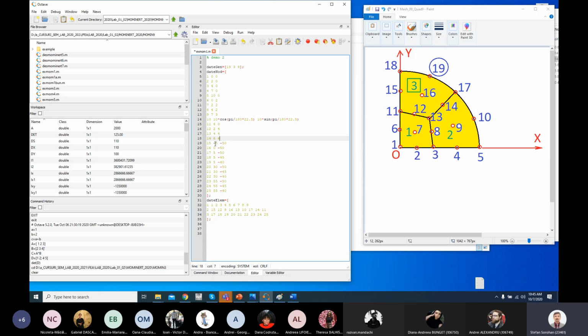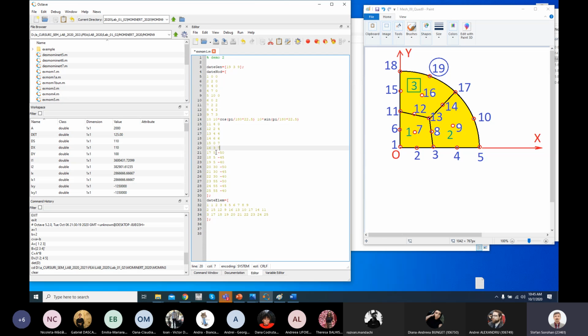For 15, I will have 0 and 7. I will keep the symmetry because here is 7 and 0. 16, let's say 3 and, yeah, 3 is here, and here 7 on y. 17 is over the circle.